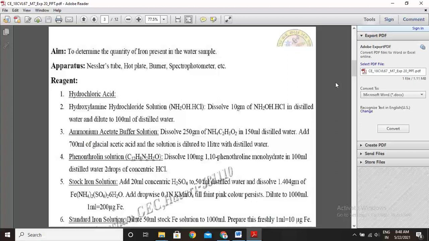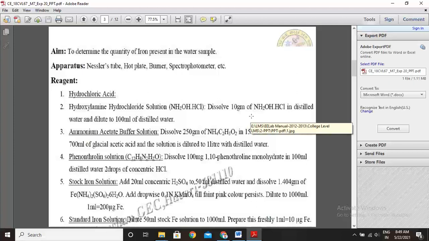This reagent is prepared by this procedure: dissolve 10 gram of hydroxylamine hydrochloride in distilled water and dilute to 100 ml with double distilled water. Then dissolve completely, and now we get the hydroxylamine hydrochloride solution.